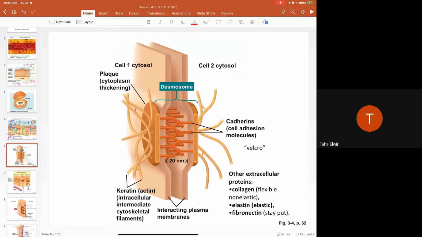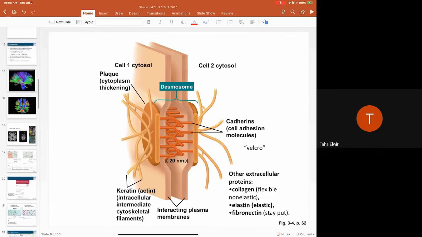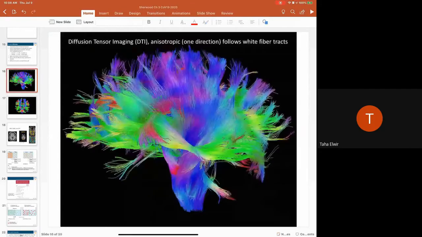Just before I get to that, I'm just going to go ahead a little bit. When we see something like this, it is an MRI, but with color enhancement for the computer.